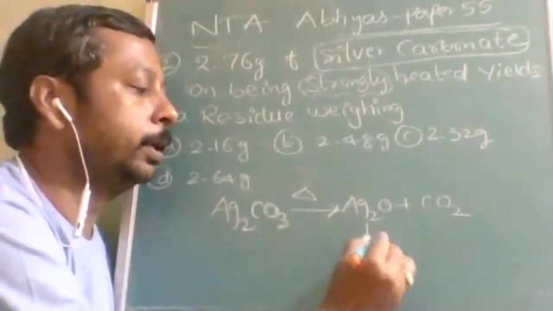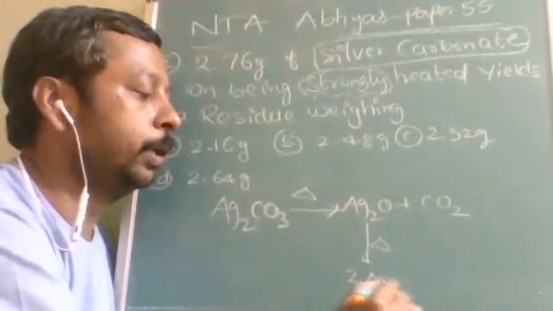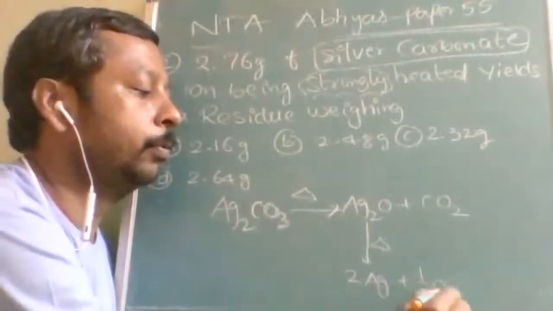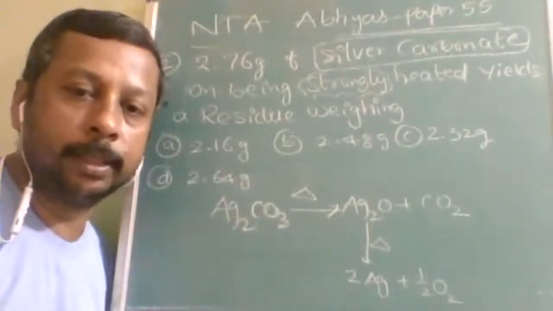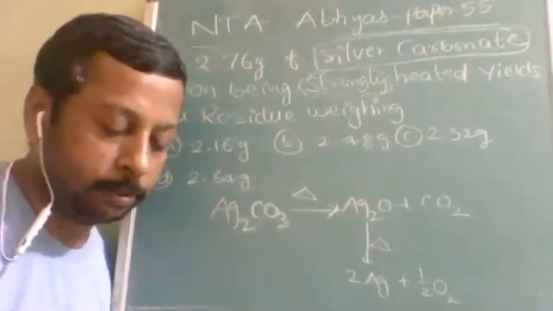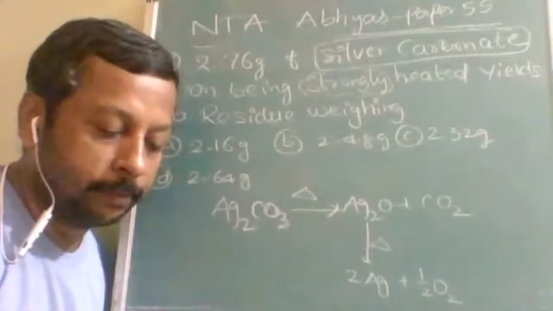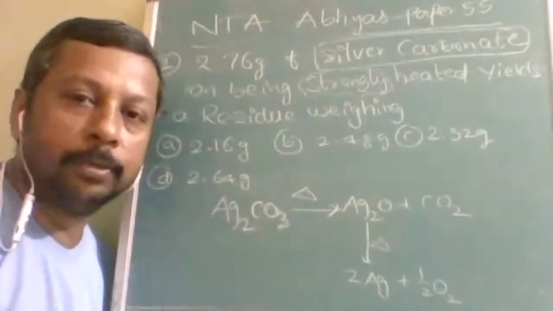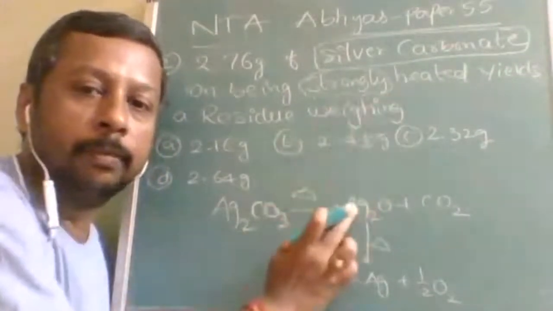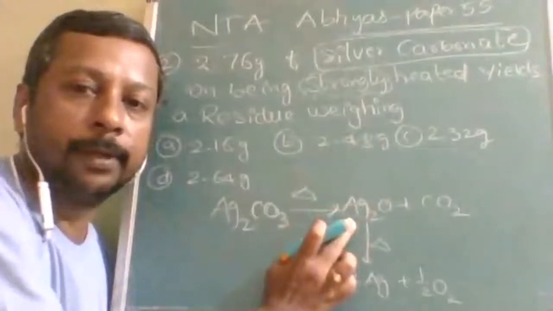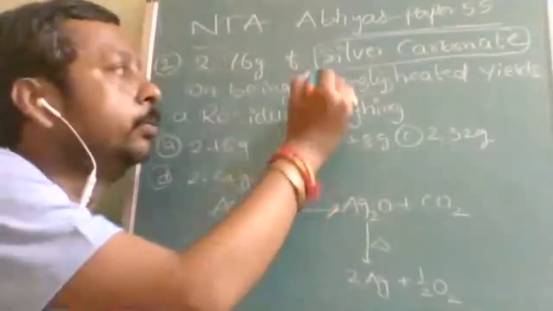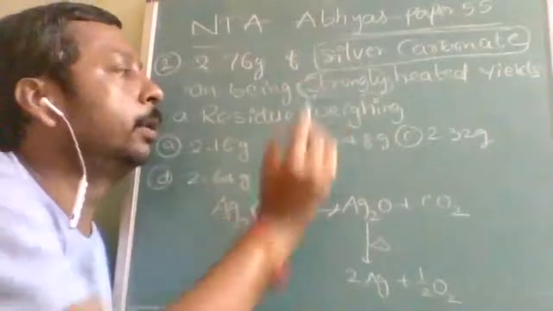On strong heating, it will give 2Ag plus half O2. Is it understood? The final residue will be silver only. If the question is only on heating, then you will stop here itself. If the word strongly is used, you continue further.